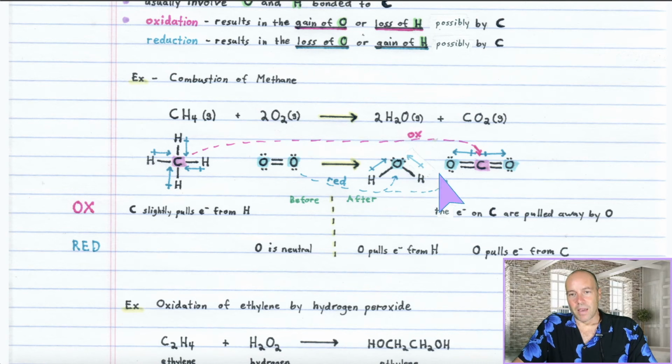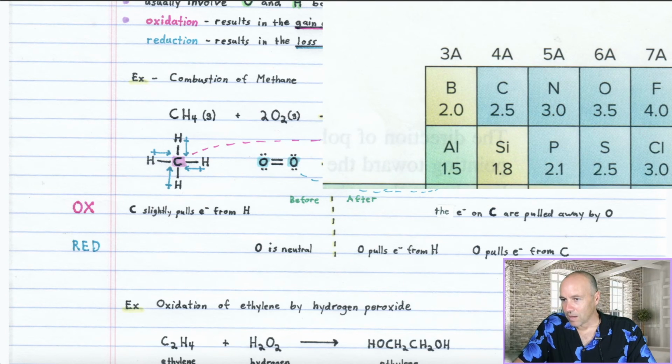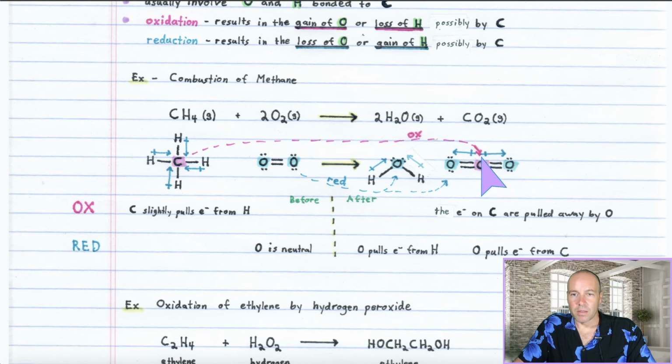Okay. And then finally, let's look at what's going on in the CO2 molecule. Now here you've got carbon connected to oxygens on both sides. Now the oxygens are more electronegative than the carbon. Okay, it's a difference of 1, so that's a substantial difference. And the one oxygen pulls electrons this way, the other oxygen pulls electrons that way.